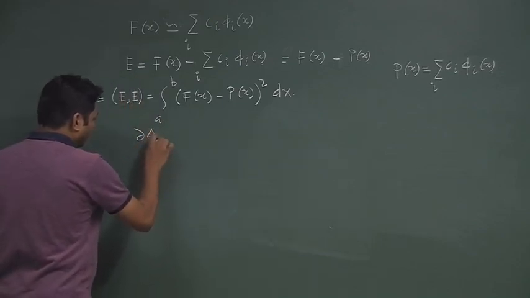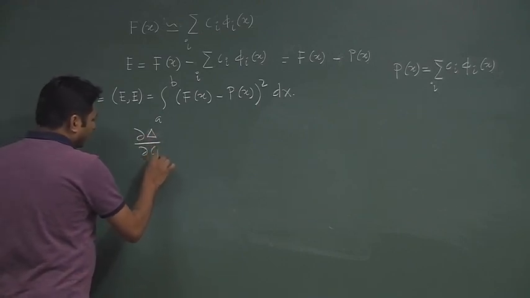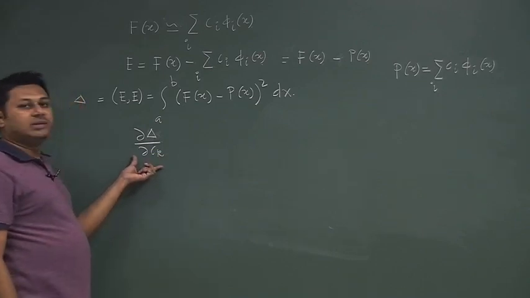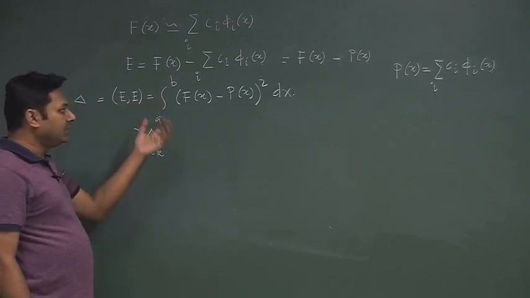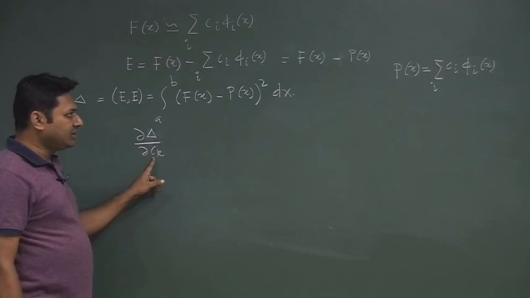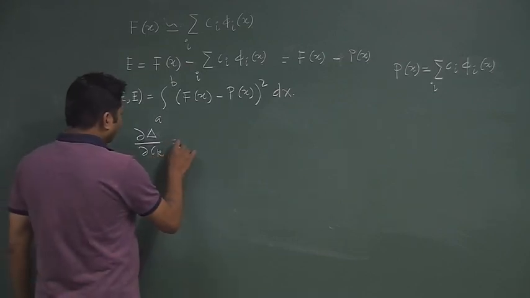So, in order to minimize the error with respect to C_k, I need to find this quantity. The way we find a minimum, the function is minimized, so I need to take a derivative. Here C_k is the changing parameter, so I need to differentiate with respect to C_k.